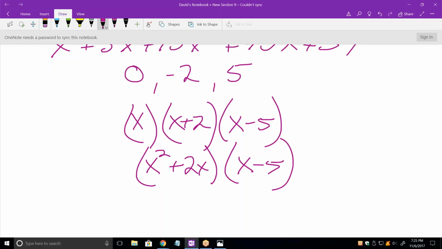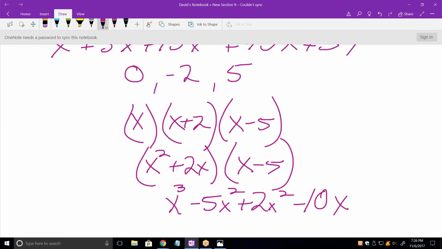So then x cubed minus 5x squared plus 2x squared and then plus or minus 10x. So x cubed minus 3x squared minus 10x. Okay, good.